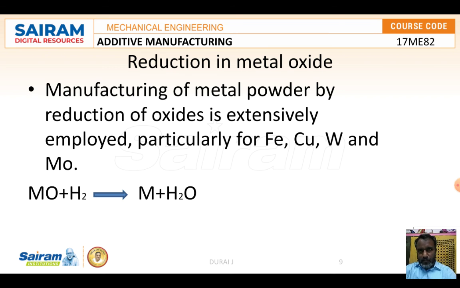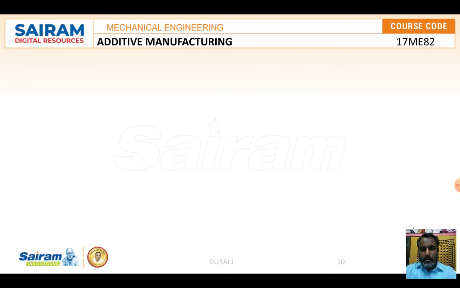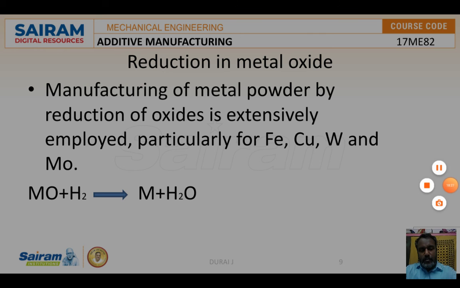Other compounds such as hydrates, oxalates, as well as formates can also be used as starting material for reduction. If you see MO plus H2, it will be converted into water, and M will be separated. While reacting with each other, metal oxide plus hydrogen is converted into M plus H2O. This is how it works. Okay, with that this topic is over. Thank you.